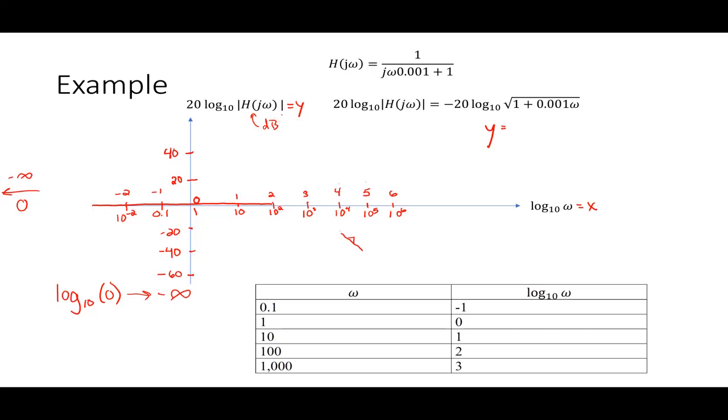So this slope right here is -20 dB in 1 decade of frequency. As I go from 10 to the 4th to 10 to the 5th, that's 1 decade, and I fell -20 dB. And then as I go from 10 to the 5th to 10 to the 6th, I'll drop from 40 to 60. All right?